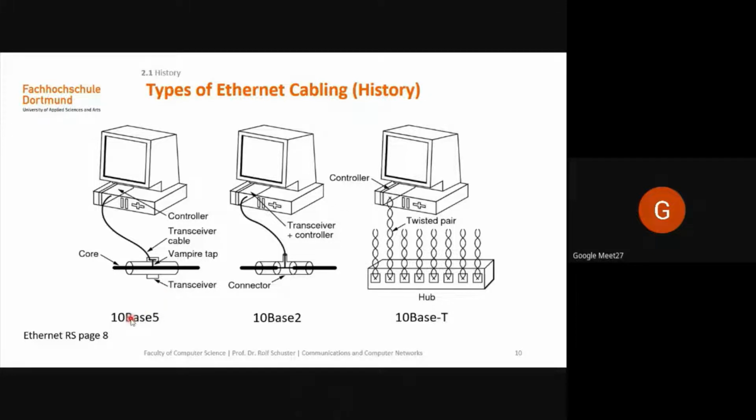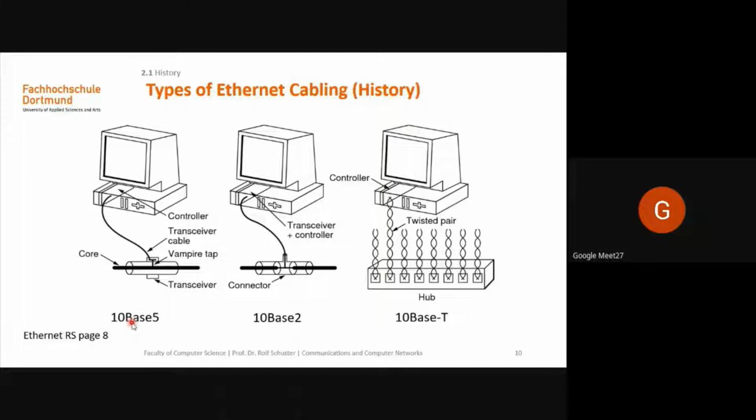There were different kinds of notation or terminology to refer to those different medias.